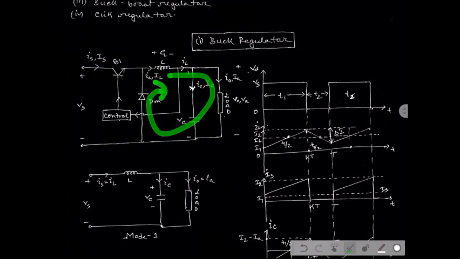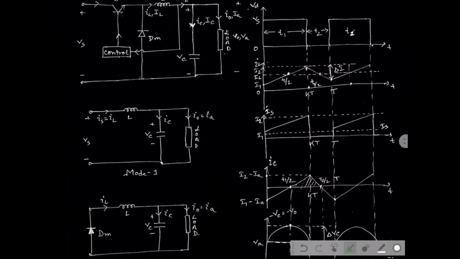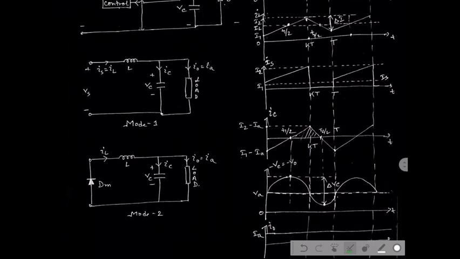That means we can conclude two modes of operation, which are depicted in these two figures. This is mode 1 operation and this is mode 2 operation. In mode 1, when the switch is closed, the source current starts flowing to the capacitor as well as to the load.